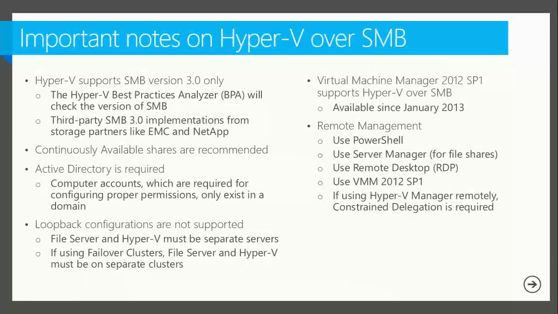Okay? Loopback configurations are not supported. That's a fun one. So if you have a Hyper-V host, you can make the Hyper-V host also a file server. And then you can try to actually store the thing through the UNC path on the same machine. Don't. Okay? If you are on the same machine, just use the local path, not the UNC path. Why would you do that?